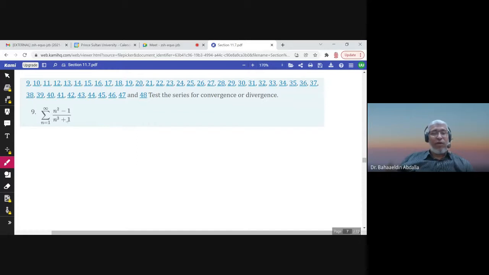This is a polynomial over polynomial, so I will think of a comparison test with bn. n squared over n cubed, these are the highest powers. When I divide them, I get 1 over n. So I have a minus and a plus here. 1 over n is divergent, the harmonic series, the divergent harmonic series.